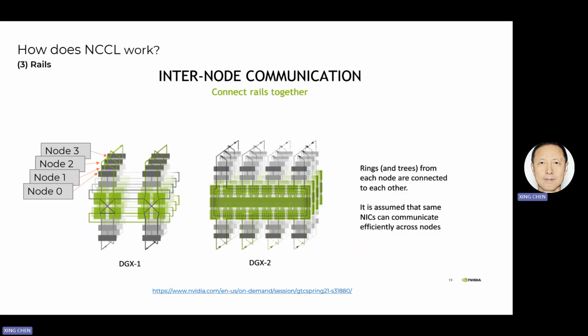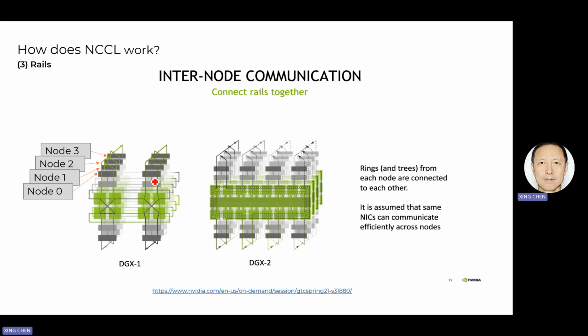Then these nodes need to communicate with each other. Now we cannot rely on the per-node ring or per-node graph to do the communication. The per-node graphs have to be connected to each other to have the global network to carry out this kind of NCCL communication.